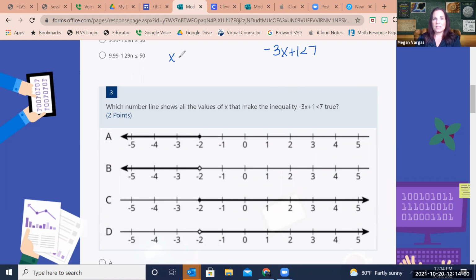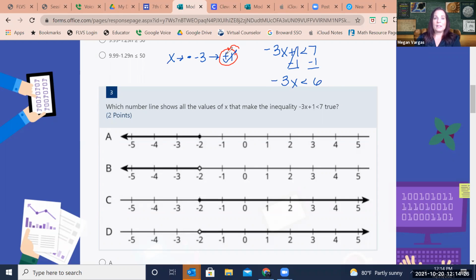The x is being multiplied by negative 3, and then we're adding 1. So when I go backwards, I've got to undo this first. To undo adding 1, I subtract 1 from both sides. I get negative 3x is less than 6.